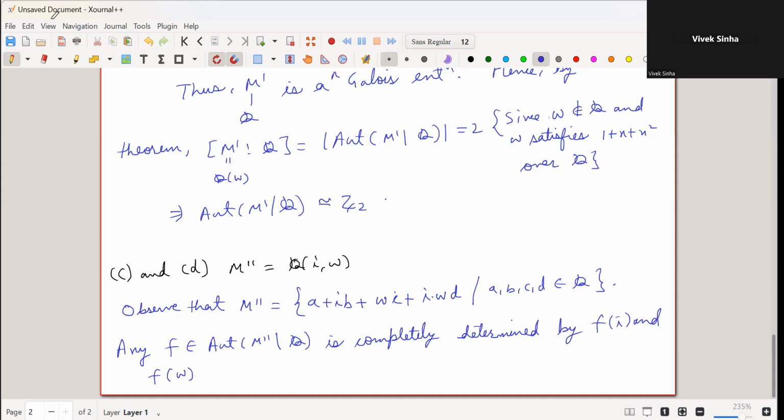Because it fixes Q, and if you know f of i and f of omega, you will know f of i times f of omega also. So that's not a problem.